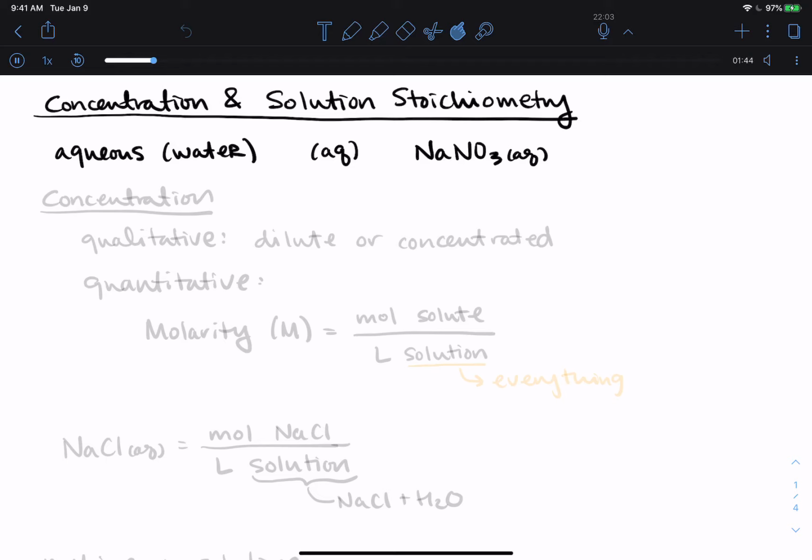So concentration, describing concentration can be qualitative, and these will be words that you have heard and used before.